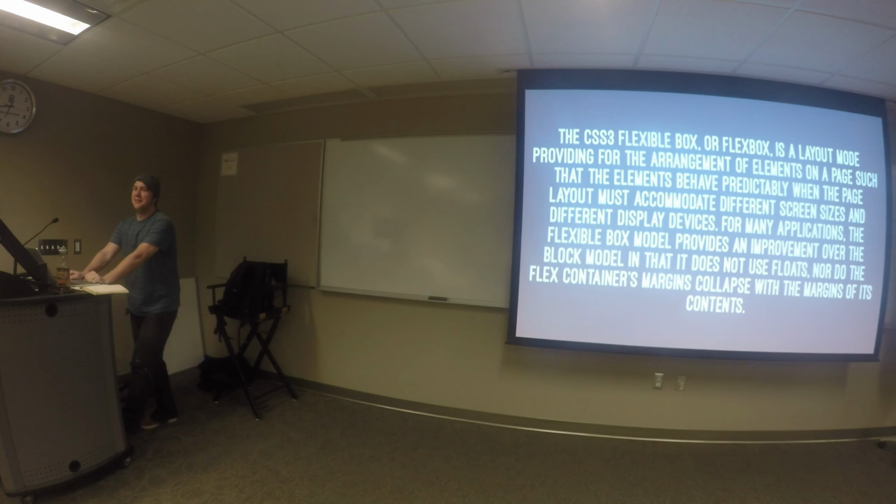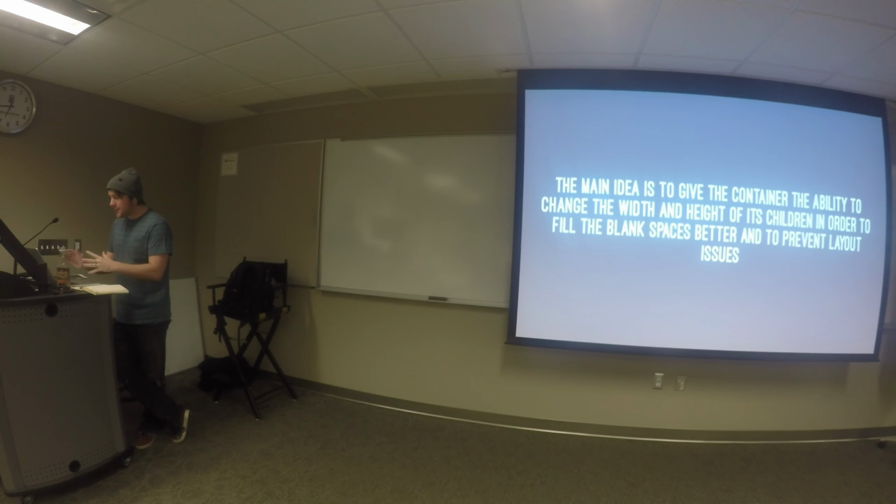Basically, the main idea is to give the parent element, or the container, the ability to change the width and height of its children in order to fill blank spaces better, and also to prevent layout issues. I think most of us are familiar with layout issues using floats or traditional box model layout.